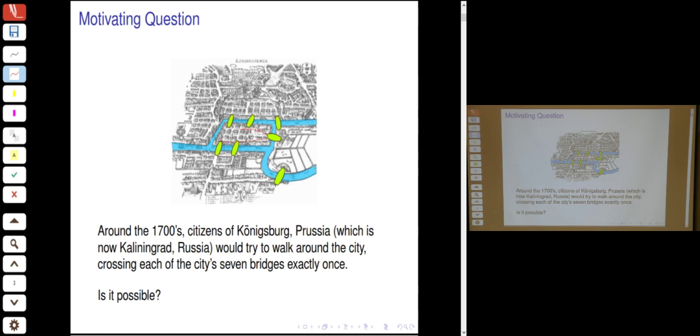You want to cross every bridge once and only once. Okay, so that's the kind of constraint. This constraint forces you to choose your path through the city cleverly. So the question is whether this is at all possible or not.